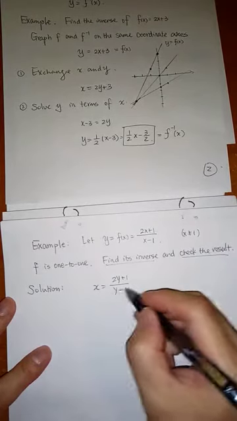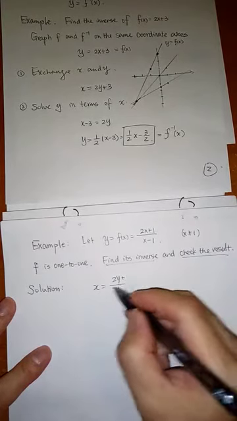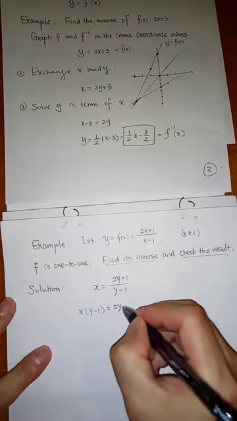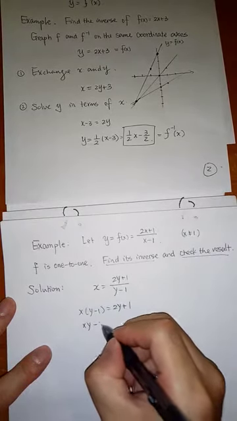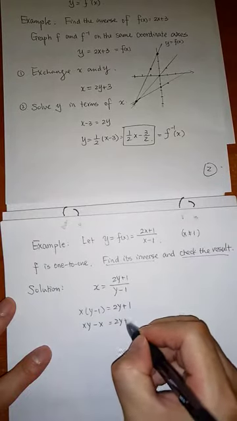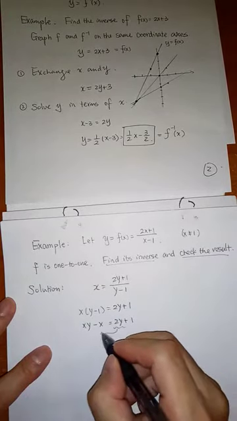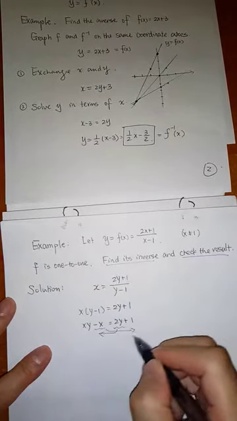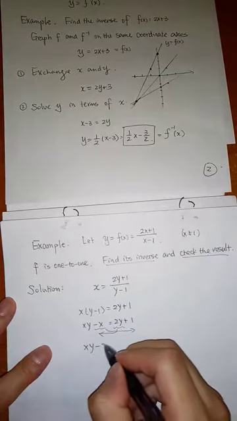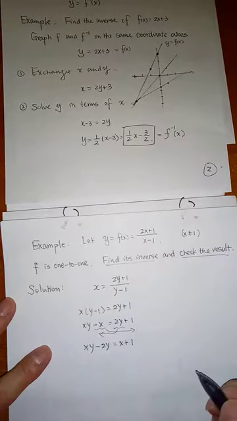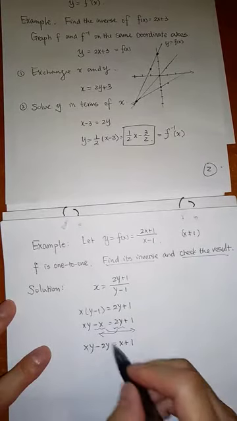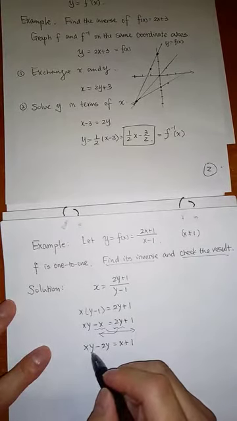Okay, so we multiply this equation by y minus 1. So the left hand side becomes xy minus x is 2y plus 1. We're going to move 2y to the left side, negative x to the right side. Okay, so the left hand side, all the terms contain y.